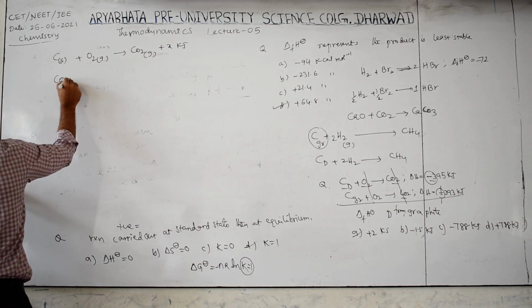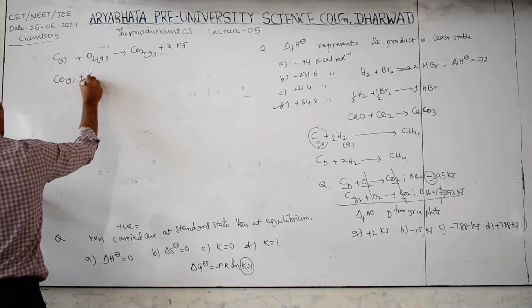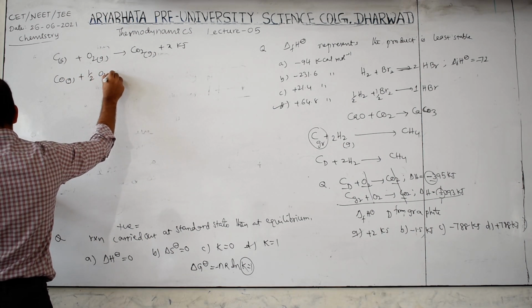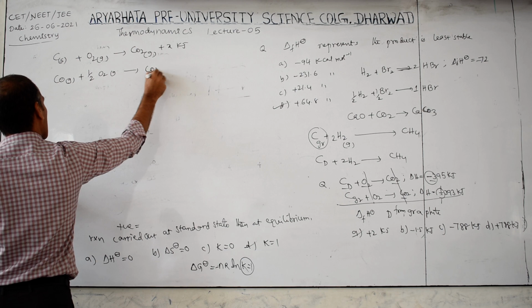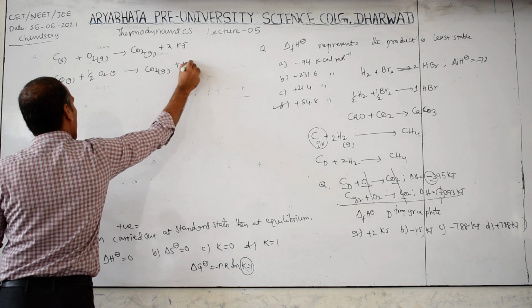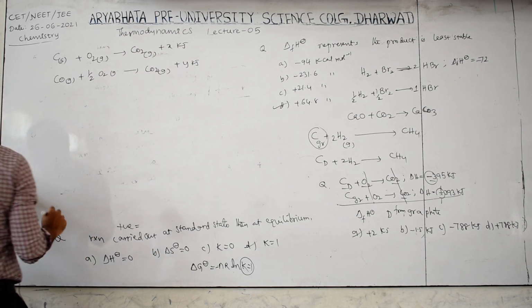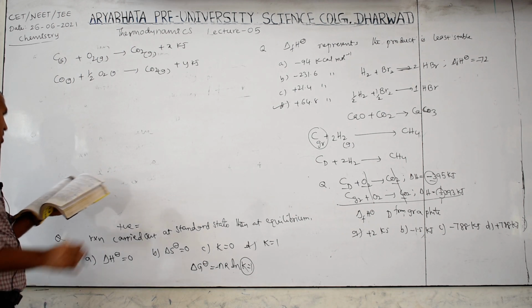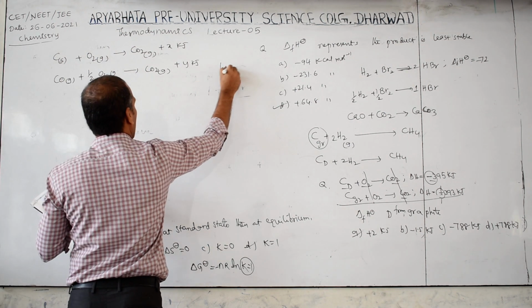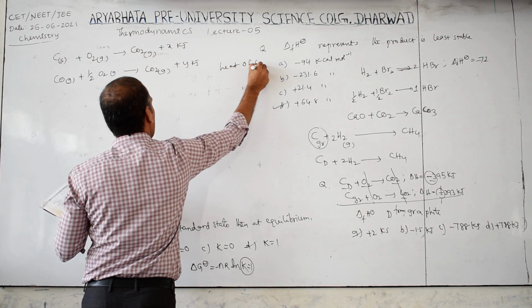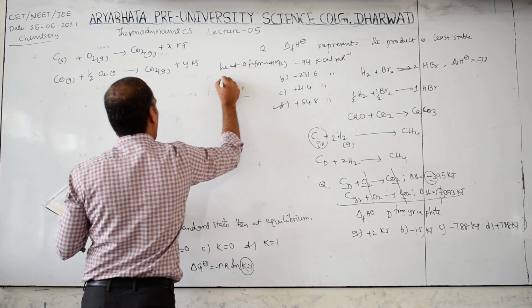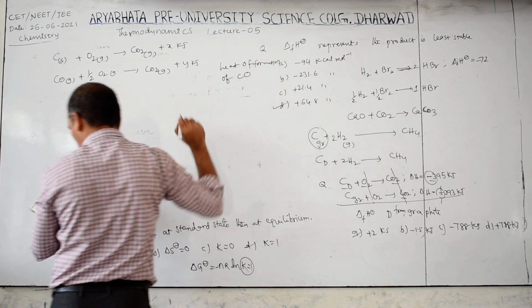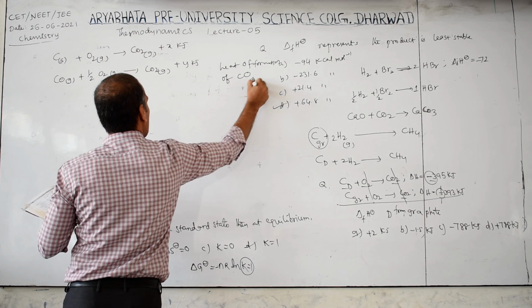Similarly, CO gas plus half O2 gas gives rise to CO2 gas plus Y kilojoule. Then they are asking the heat of formation of CO gas.